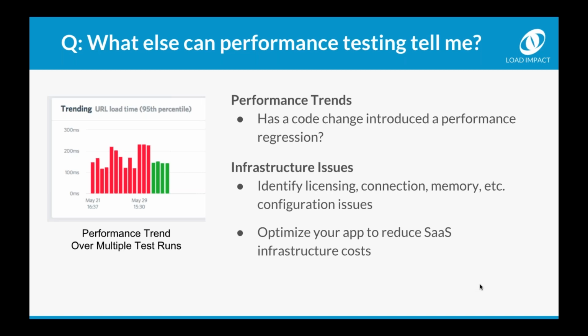If you run performance tests and you see where your weak points are in your app, then sometimes it's really easy to fix a couple of the obvious ones, the low-hanging fruit, and improve performance quite a lot. And then you save money on infrastructure because you can downgrade the size of the AWS instances you use or whatever.